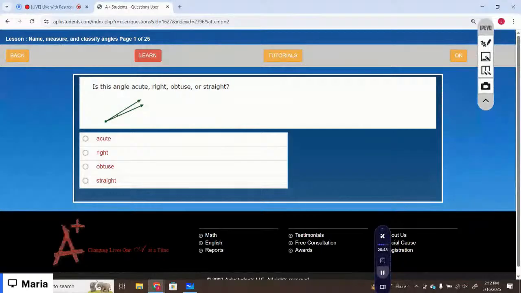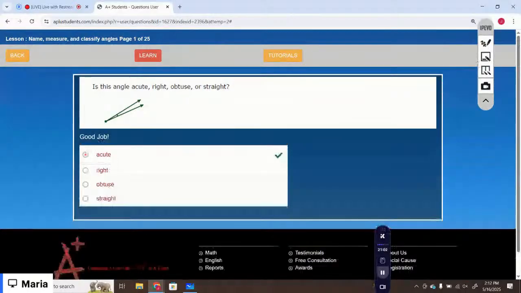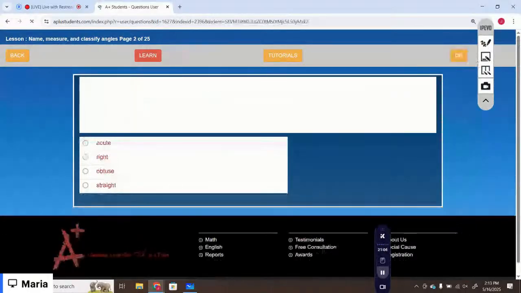Is this angle acute, right, obtuse, or straight? So which is the correct option? That is the acute angle because that measurement is less than 90, so that is an acute angle.